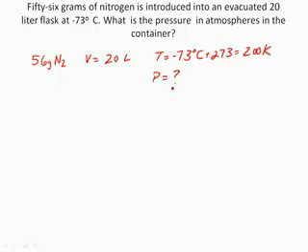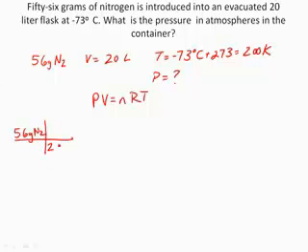Okay? So I have a volume, I have a temperature, I want pressure, but I need moles. I know what my substance is, and I have a mass. So I can get, using rough estimates here, 28 grams of nitrogen in 1 mole, so that is basically 2 moles of nitrogen. So I'm going to plug them in.